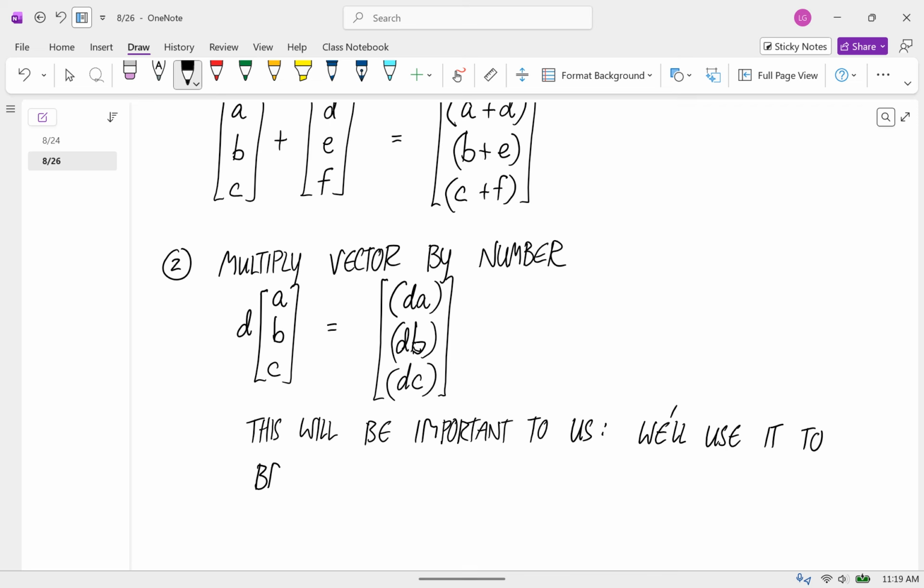So we'll use it to break vectors into a magnitude and a direction. And I'll talk about that later today.